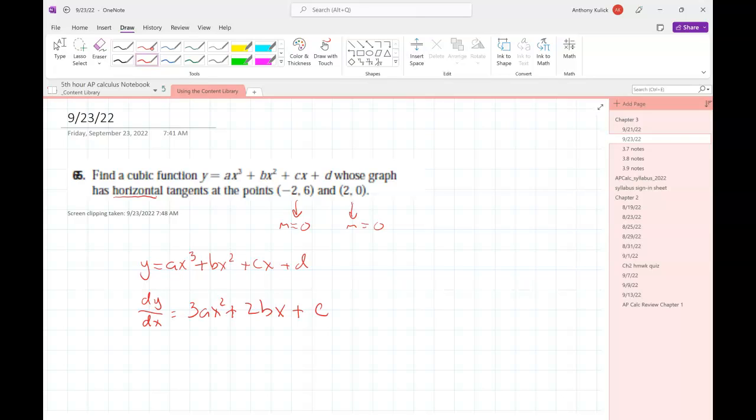Okay with that? And then we can say that the derivative is equal to 0 at these points.